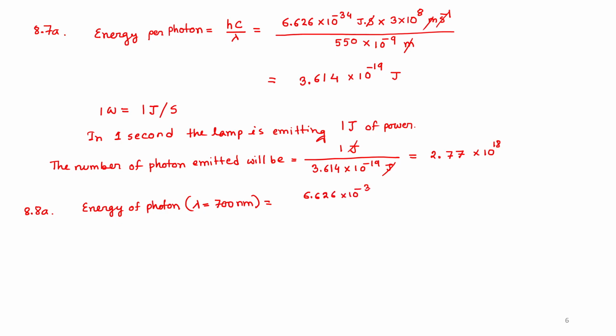I'll just write it, in joules again, into 3 into 10 to the power 8 meters second inverse divided by 700 nanometer, which is 700 into 10 to the power minus 9 meter, and just quickly calculate it.